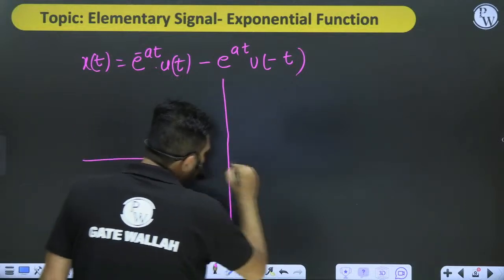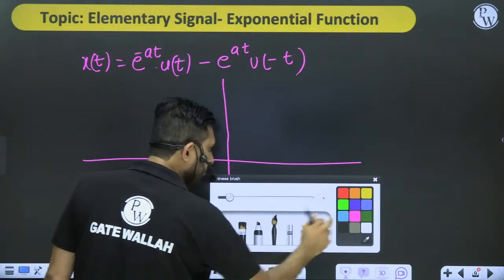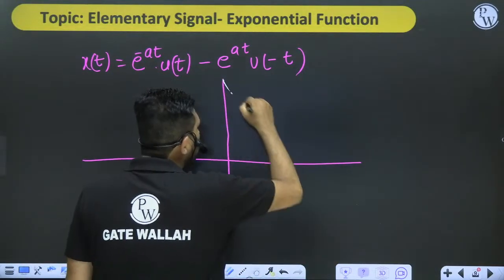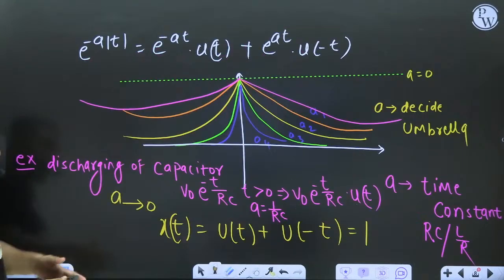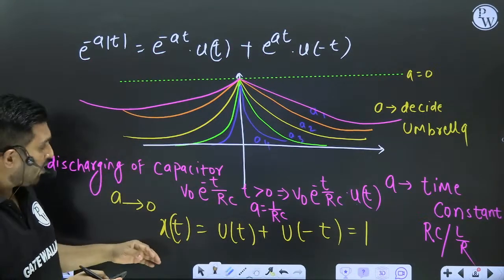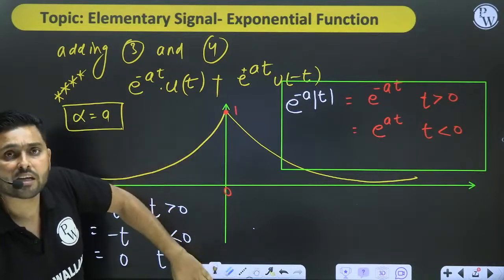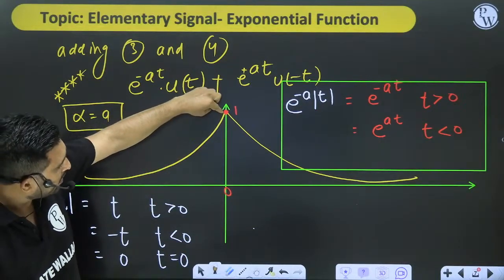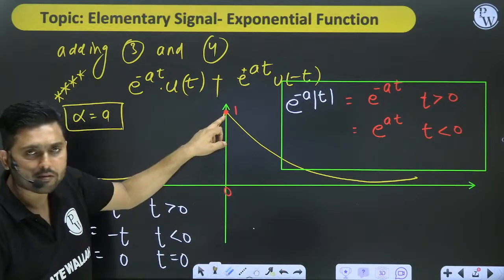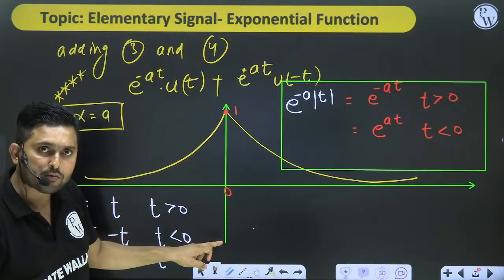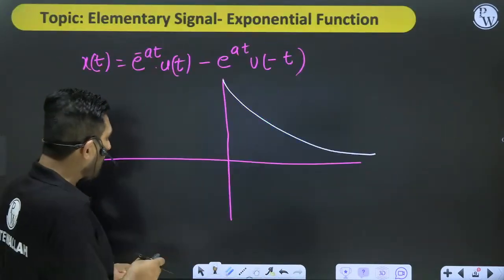Surely you will get this function, and then you will get the reflection of this. This curve, instead of starting with plus 1, will have a minus 1.